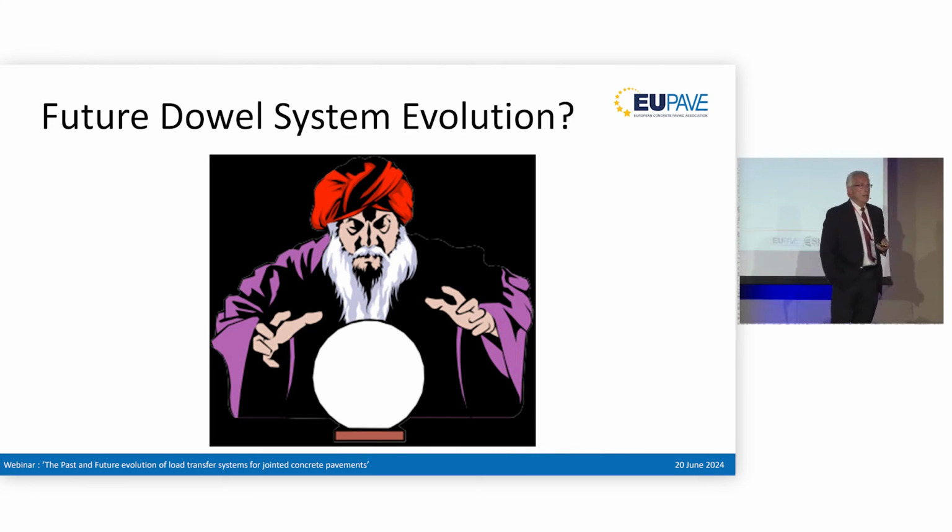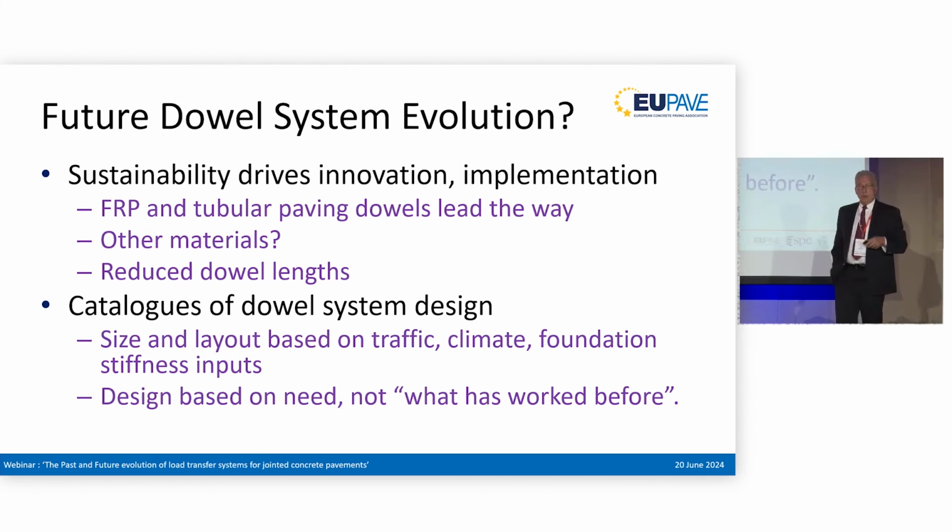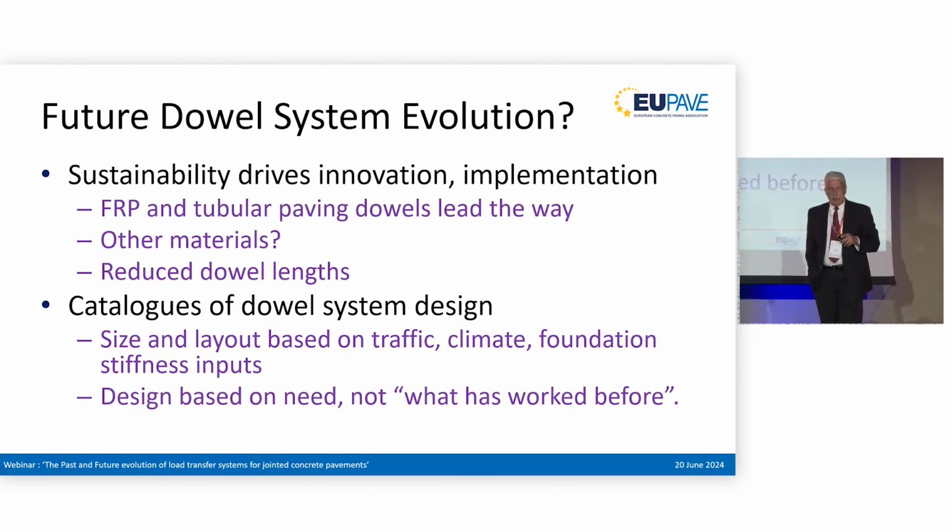So if we look at the future, if I get my crystal ball out and look at the future evolution, I think what we're looking at is sustainability continuing to drive the innovation and the implementation of these newer systems because of the advantages that I already mentioned previously. And what I'd like to see, and has not happened yet, would be catalogs of dowel system design. For a long time, the design of dowel bars was treated as kind of a standard.